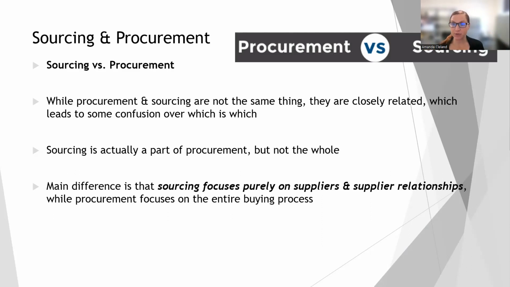The main difference is that sourcing focuses purely on the suppliers and those supplier relationships, the other businesses that we're buying from, whereas procurement focuses on that entire end-to-end buying process. So again, sourcing focuses purely on the suppliers and supplier relationships, where procurement focuses on the entire buying process.